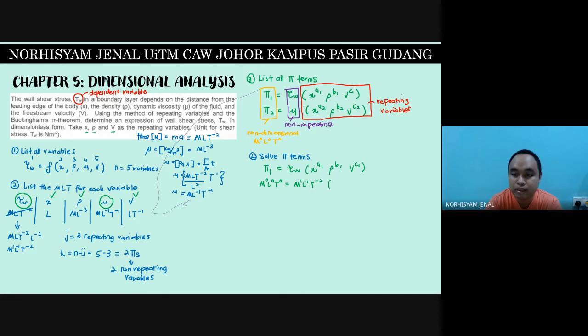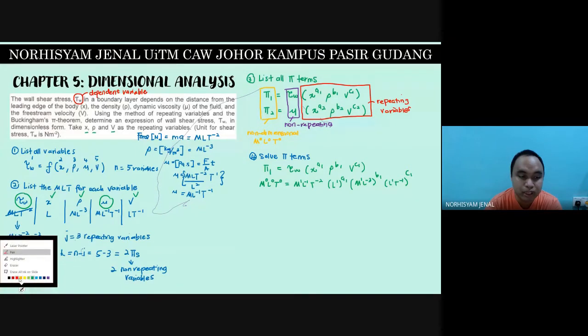And then here x should be L1, to the power a1. Rho should be M1, L negative 3, to the power b1. And then we have V, L1, T negative 1, to the power c1. Okay, I need you guys to make sure that anything with a power of 1, please put the 1 on top so it's easier for you to do the calculation. If not, you might get confused if you don't have the 1 on top. All right, make sure you put it there. Okay, so first we do M.